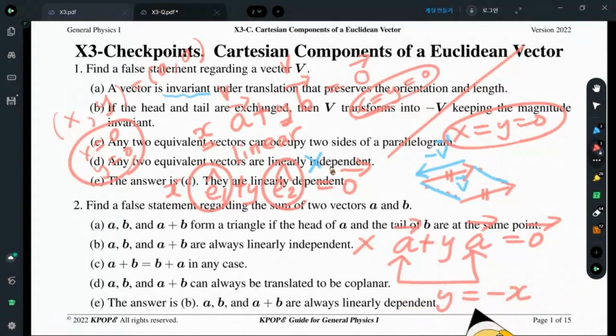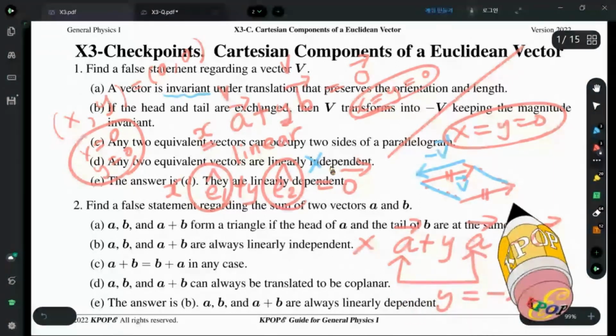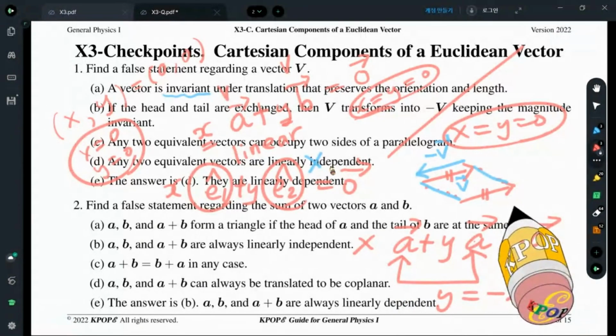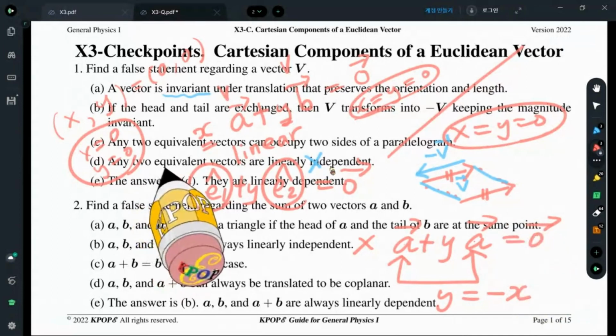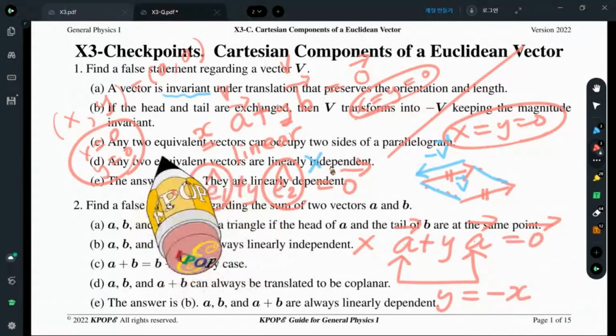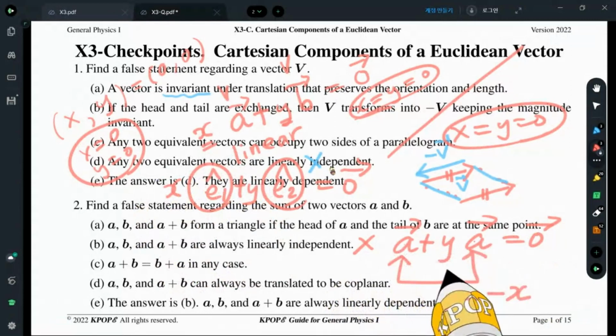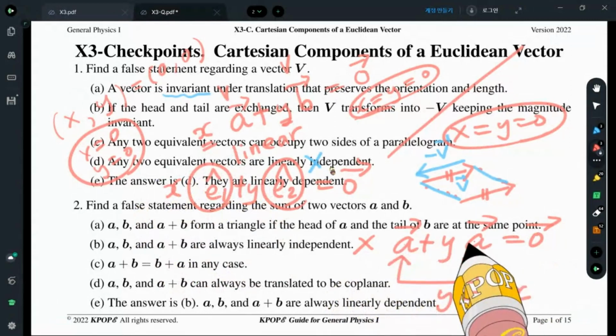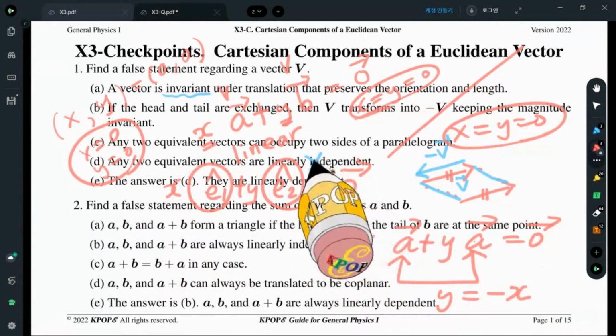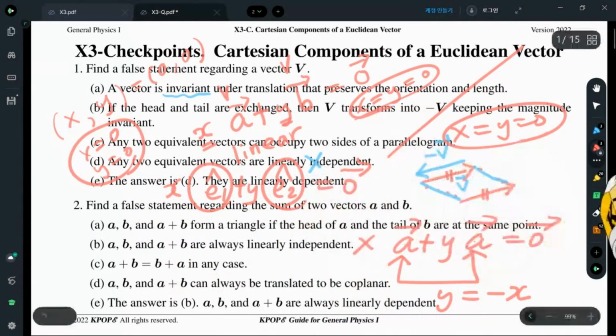So this indicates that x and y do not have to be 0 simultaneously, so these two are called linearly dependent. Okay, so two equivalent vectors. Equivalent vector means identical vectors, so they are always linearly dependent. It is not independent.